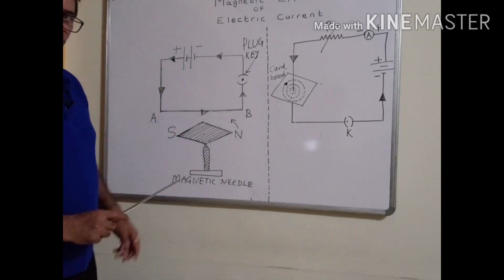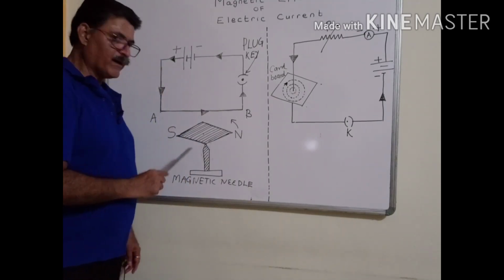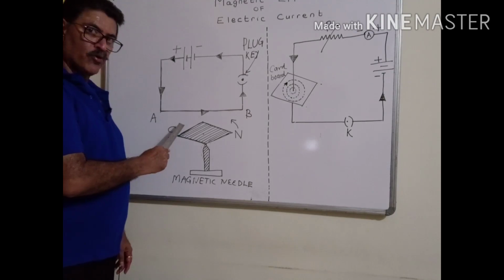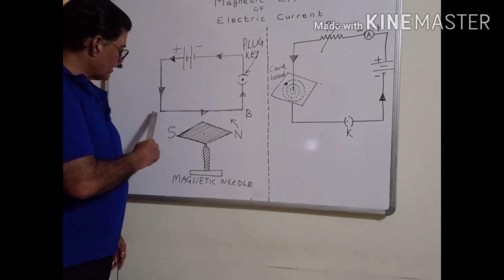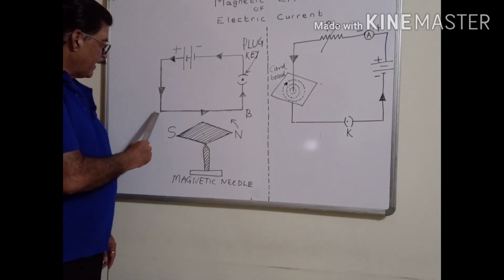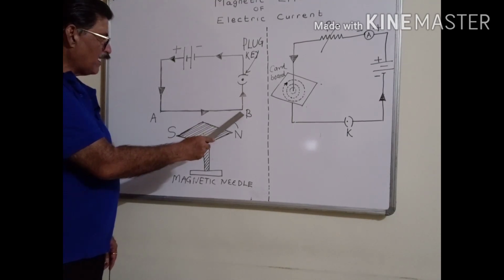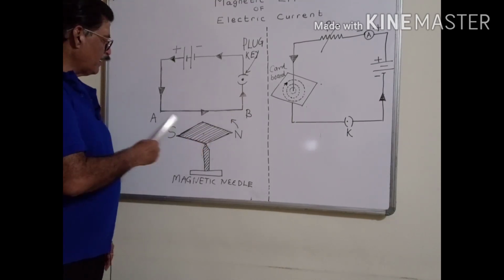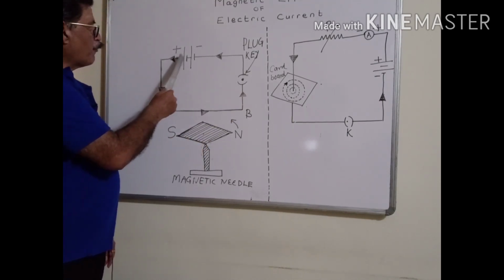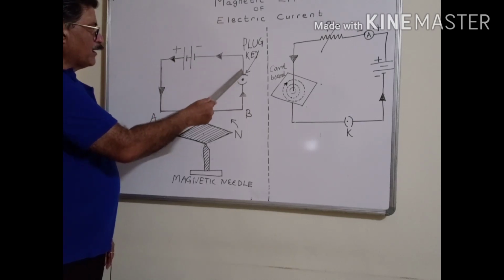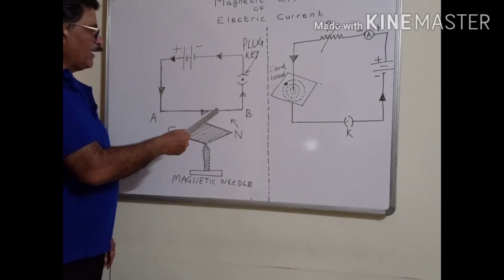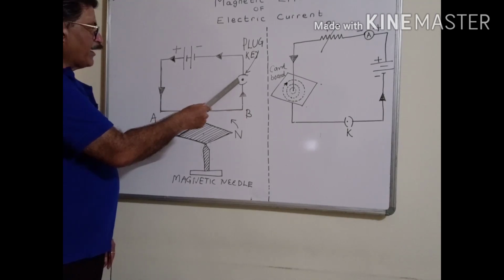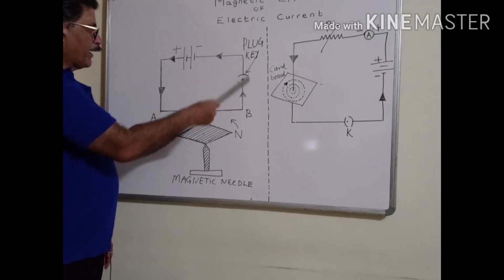Here you have an arrangement that is shown over here. You have a conductor AB. Can you see? AB is a wire or a conductor which is connected to the positive and the negative terminals of a cell, right? This is the battery and the plug key to switch the current on and off.